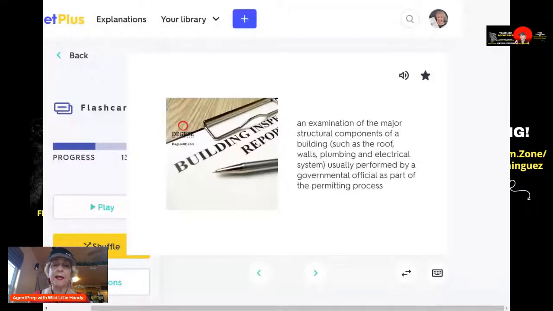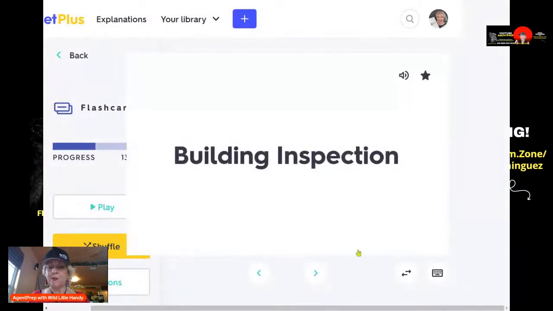This is when a building is being constructed. A home is under construction, and the inspector has to make sure the plumbing was done correctly, all the electrical was done correctly, and gas, any other services connected to the property, and the roof structure, and see if there's termite spray applied. So that is the building inspection, different from a home inspection.